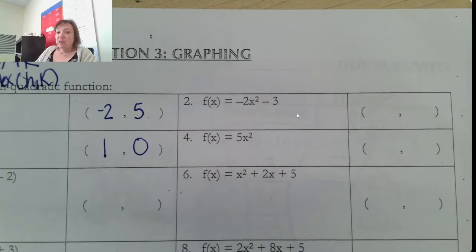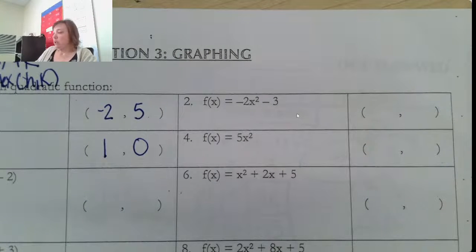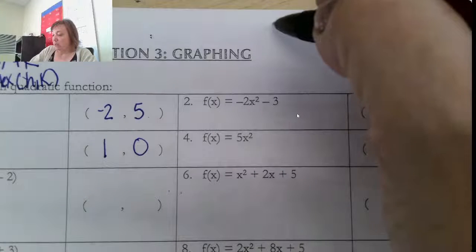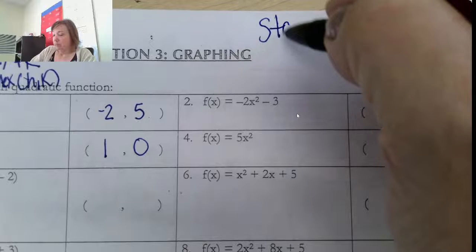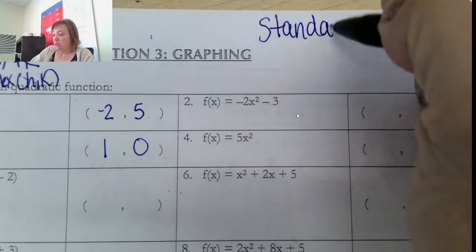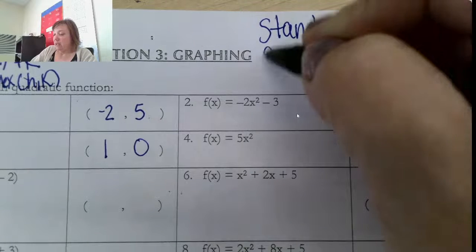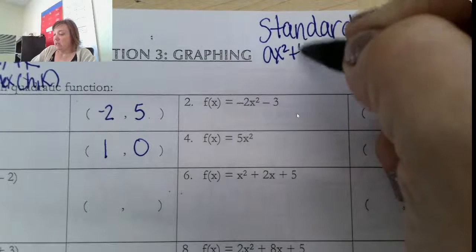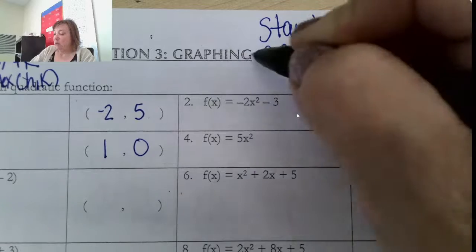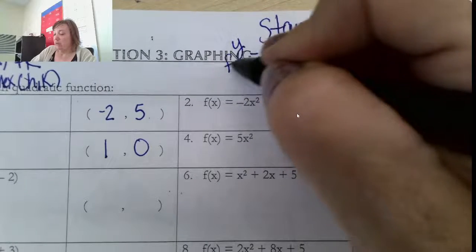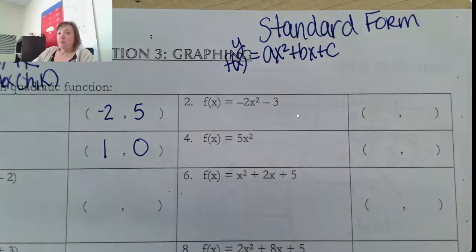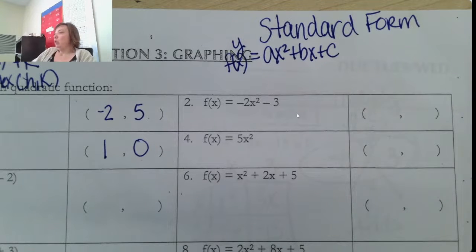Okay. So let's look at number 2 here. Now, number 2 is not in vertex form. What form is number 2 in? Standard form. So remember, standard form is ax squared plus bx plus c. And it could be y equals, or it could be f of x. They're interchangeable. And if you have standard form, but you want to find the vertex, you got this little teeny tiny little formula.